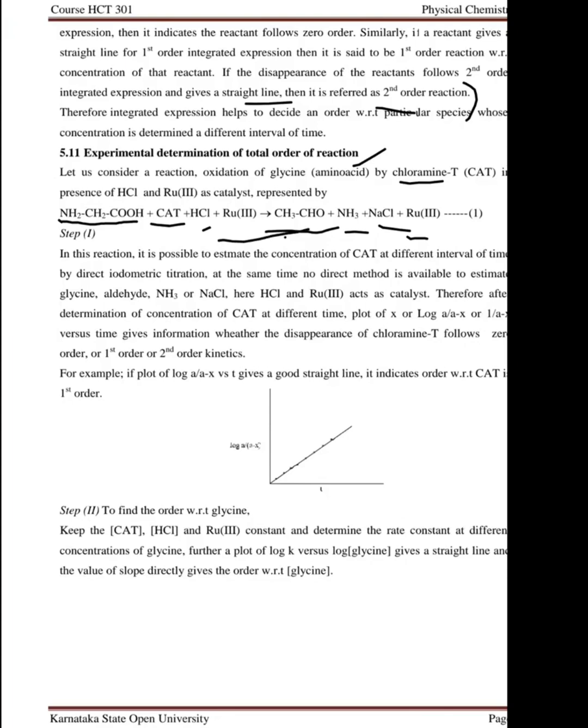We are going to determine the total order of reaction for this example. To identify the total order of this reaction, the concentration of chloramine T at different times we are going to plot as log a by a minus x versus time.